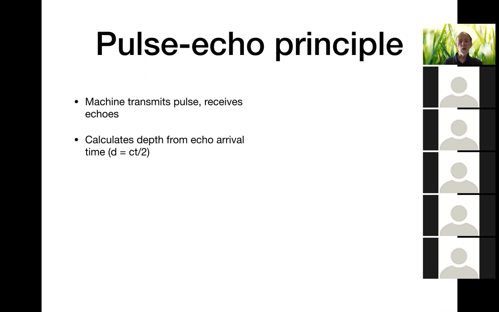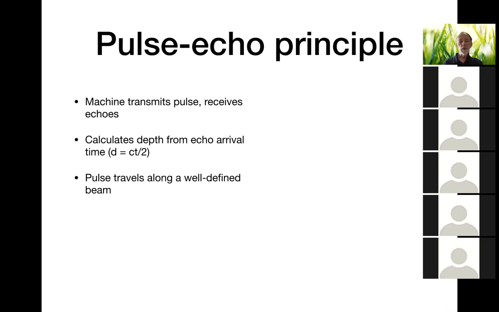So you can see as long as the machine knows the propagation speed, it can calculate the depth that every single echo comes from, and so it knows where and how to display it. The machine assumes that every tissue has the same propagation speed, that is 1540 meters per second. And that's one of the essential assumptions built into the making of the image.